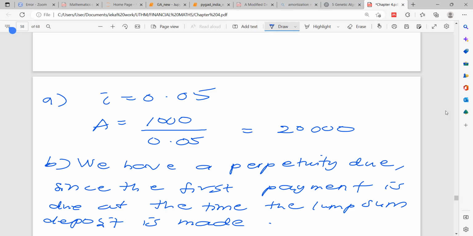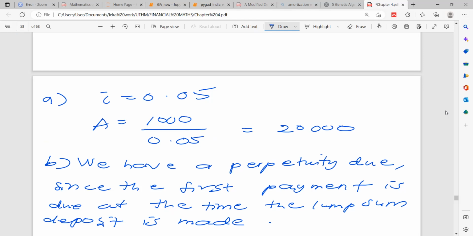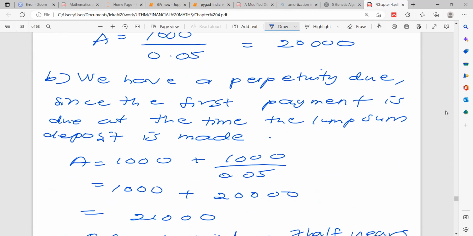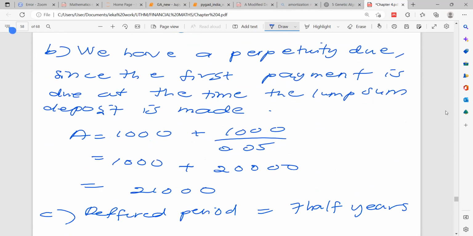Okay, tapi kalau immediately, we have a perpetuity due since the first payment is due at the time the lump sum deposit is made. So we have 1,000 plus 1,000 over 0.05. So we get 21,000.